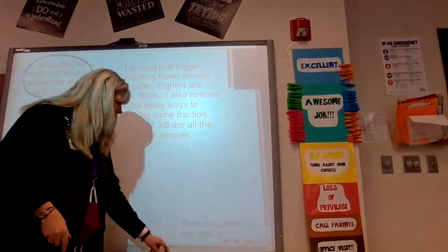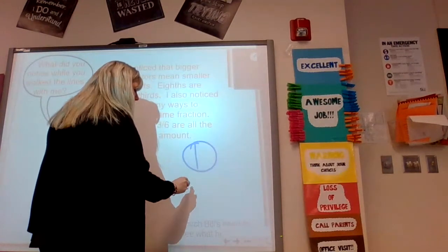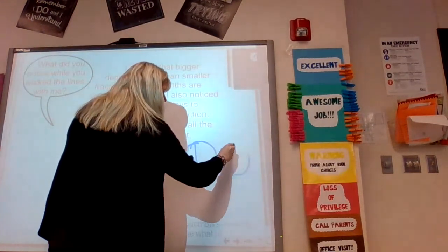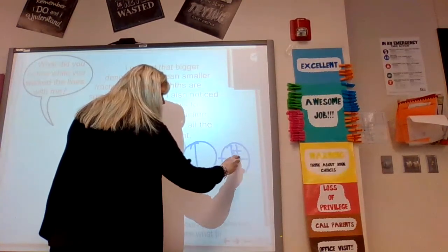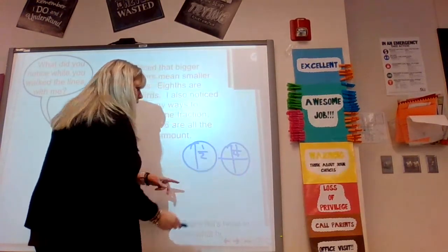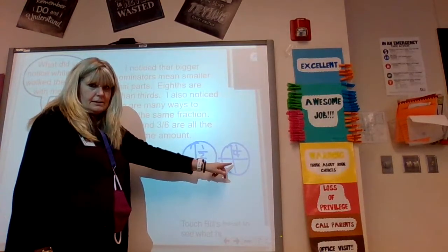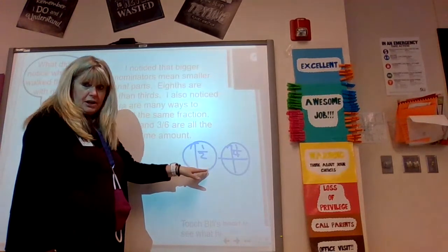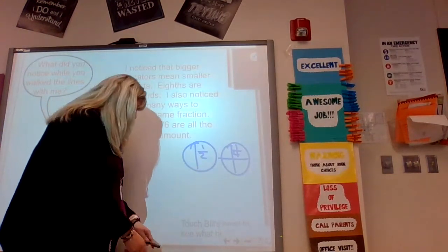That would be like if you had a pizza that was cut into 2 pieces or a pizza that was cut into 4 pieces. So this is 4ths and this is halves. The larger the denominator, the smaller the piece. So the smaller denominator, not numerator, but the denominator, then the larger the piece.